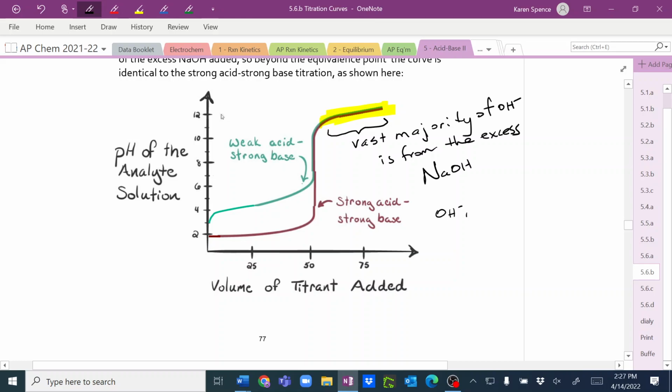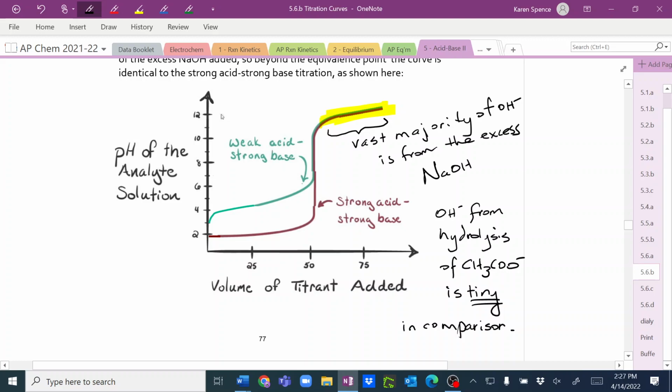The OH minus from the hydrolysis of CH3COO minus is tiny in comparison. So if you want to know the pH after the equivalence point, just calculate how much NaOH is in excess and then divide that by your total volume.